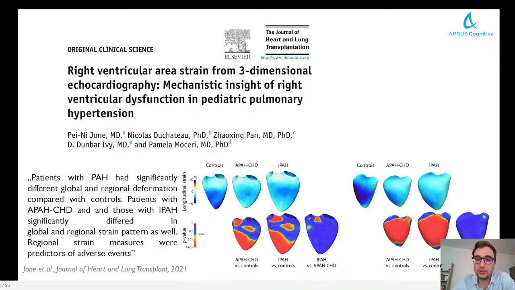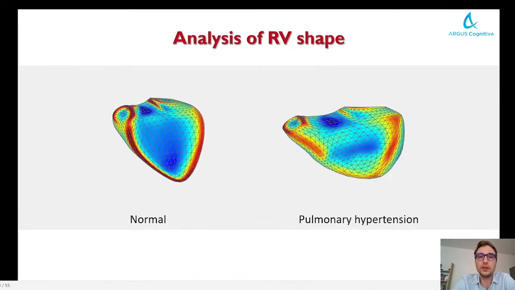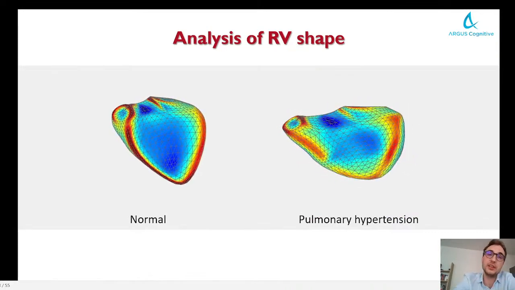So it also highlights for us that these measurements may have an added value, and actually in this study there was some prognostic data as well showing that these regional measures were predictors of adverse events, while the conventional measures were not.